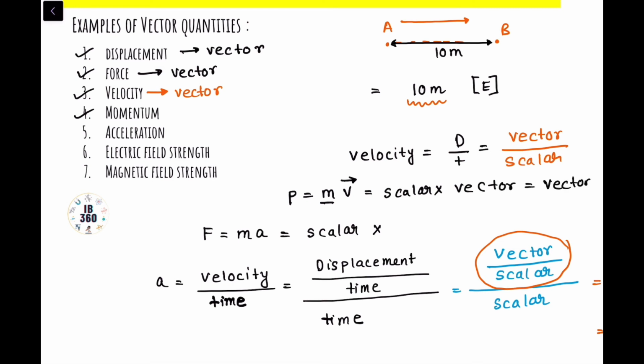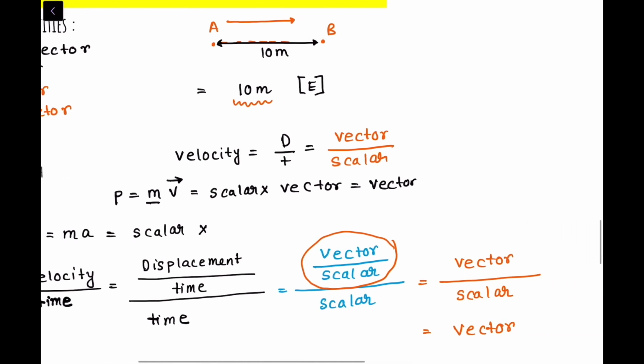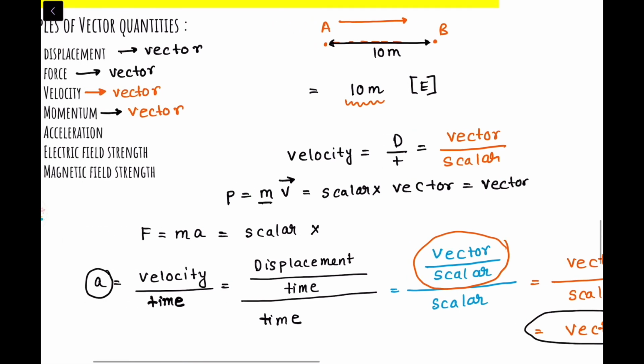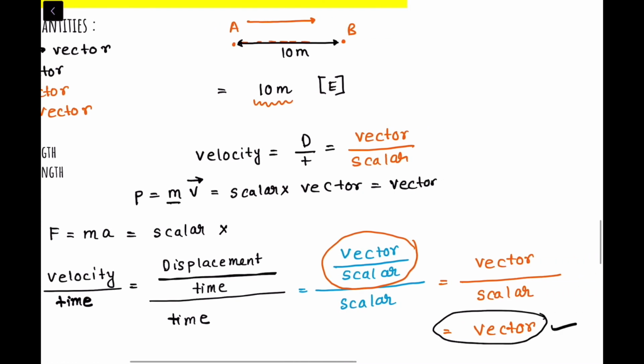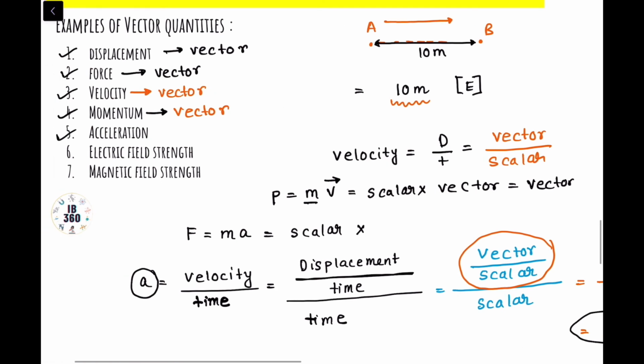So momentum is a vector quantity. Then comes acceleration. What is acceleration? We just derived it over here. Acceleration is a vector quantity. Acceleration is velocity divided by time, and velocity is in fact displacement divided by time, right? So we derived that acceleration is a vector quantity.